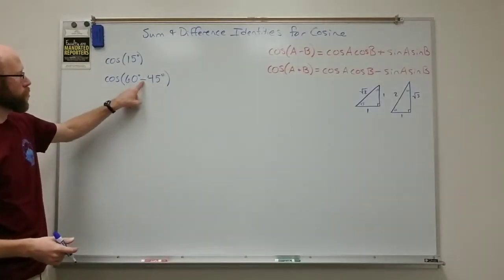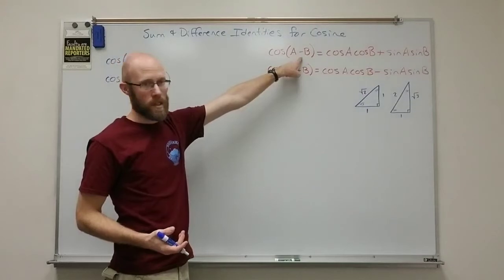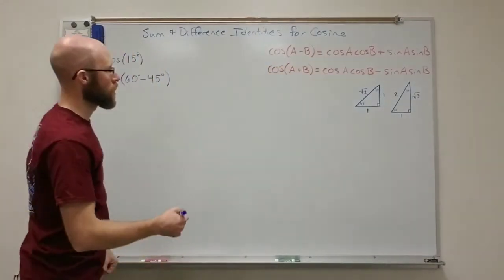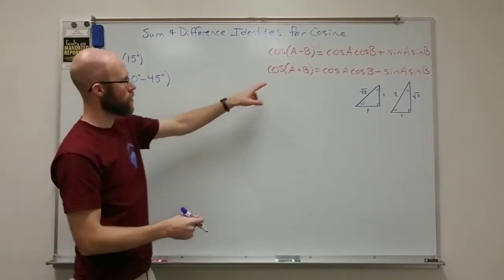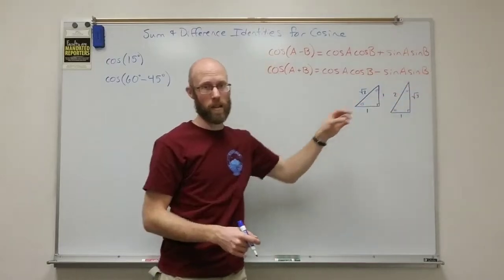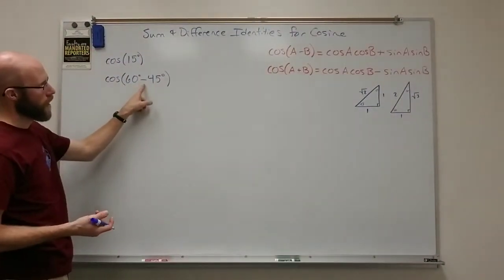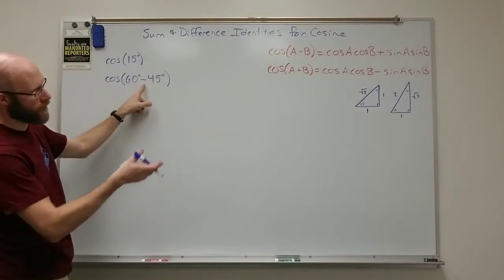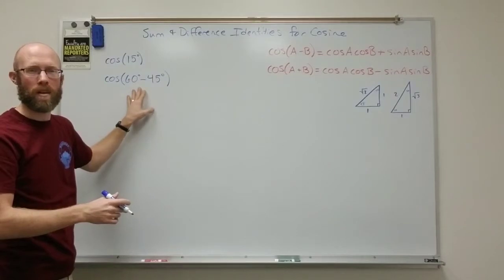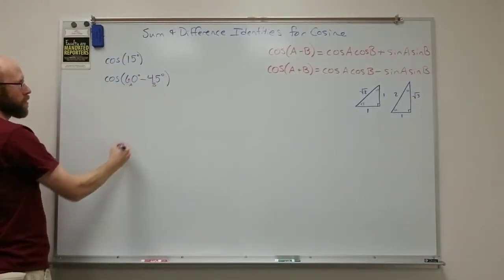And now I have a subtraction with two angles that I know. So we're going to apply the difference identity here for the cosine. I'll use A as the first angle and B as the second angle. Since I've got a 60 and a 45, I'll just use A is 60 and B is 45.